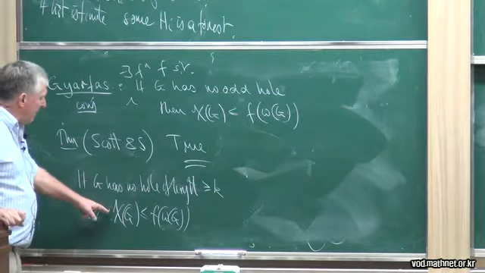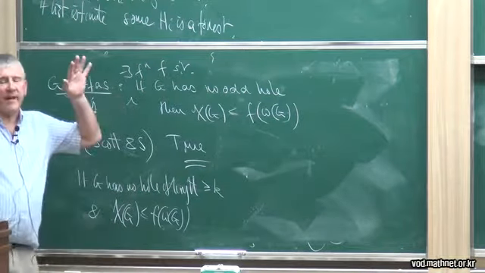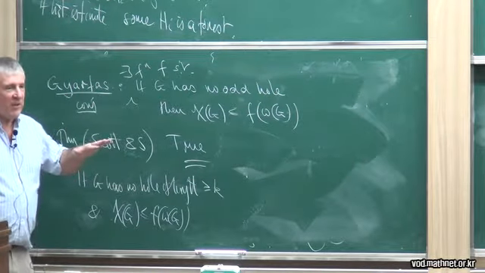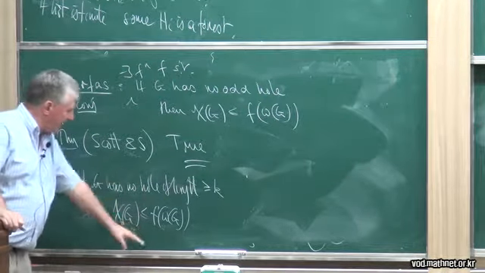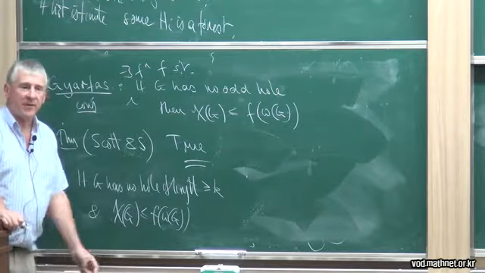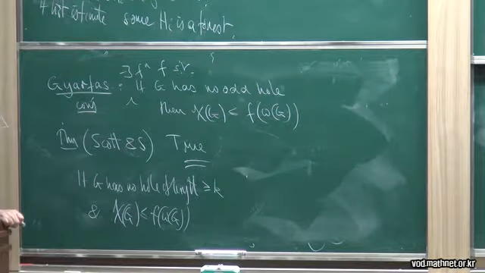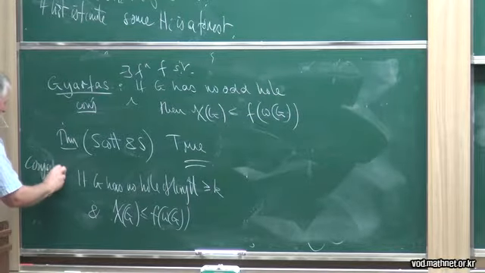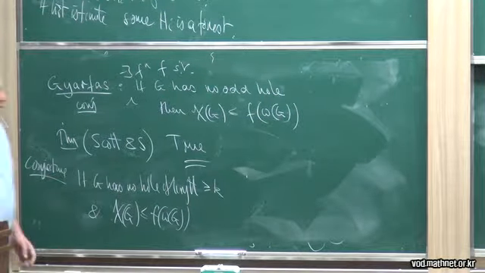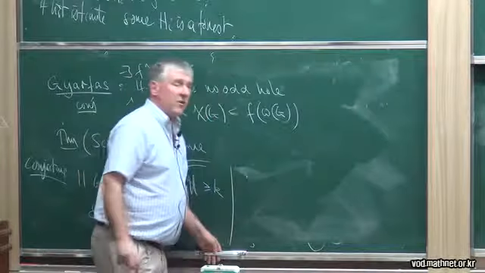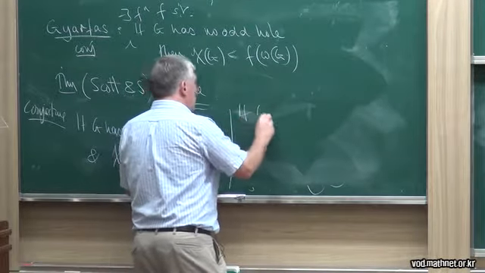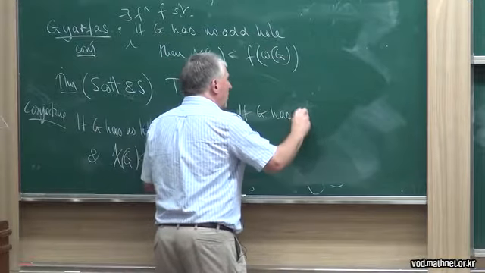So again, for all k, there exists a function f such that if G has no hole of length at least k, then chromatic number is at most f of clique number. That's still open.